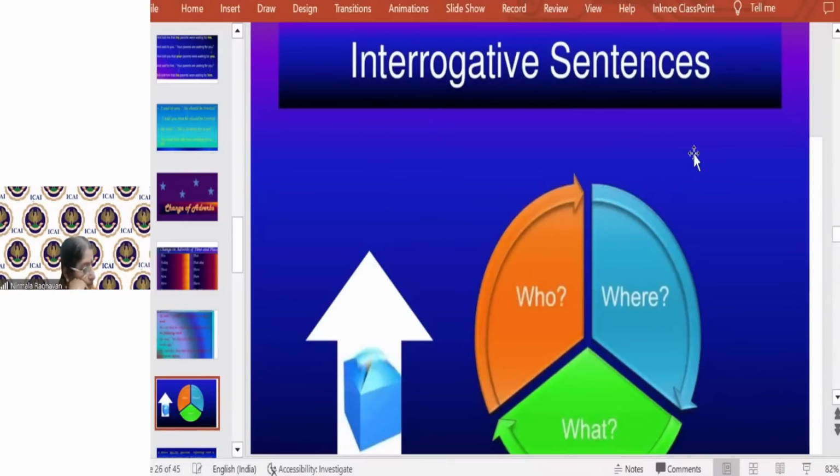Yes, Ruhani. Gunjan, you're not right. Reporting verbs are words like reported, said, told, exclaimed, remarked, requested, ordered.